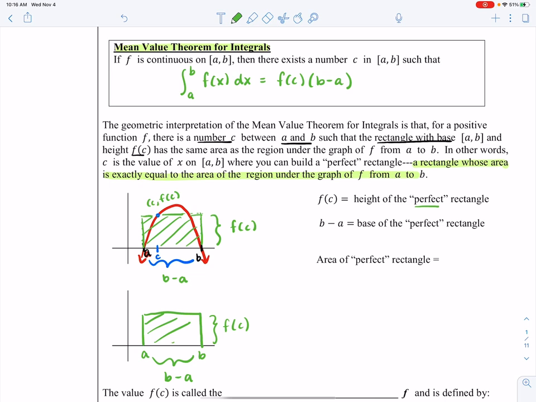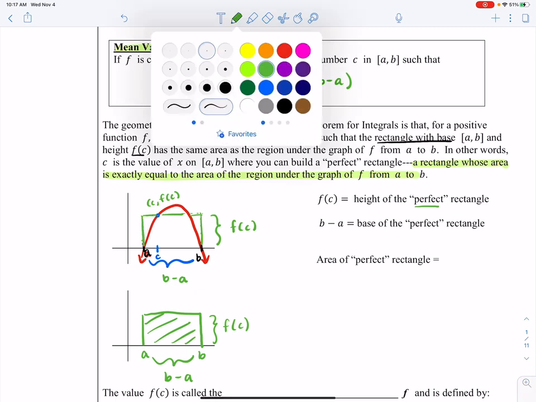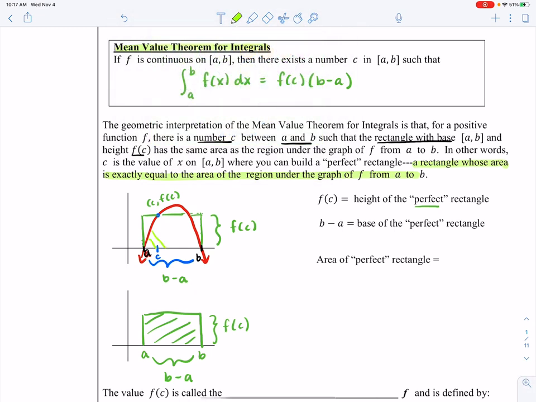This rectangle should have the same area as the region under the curve, okay?